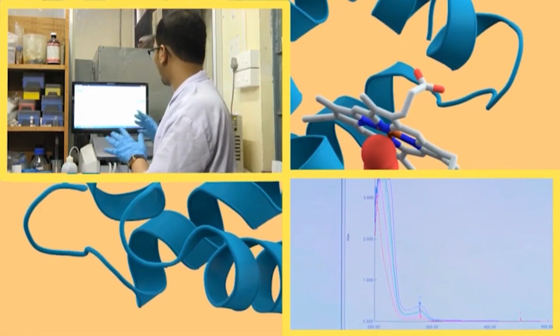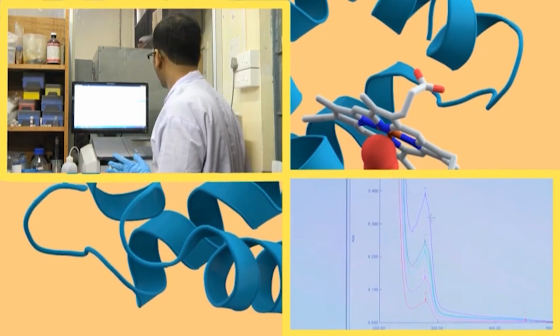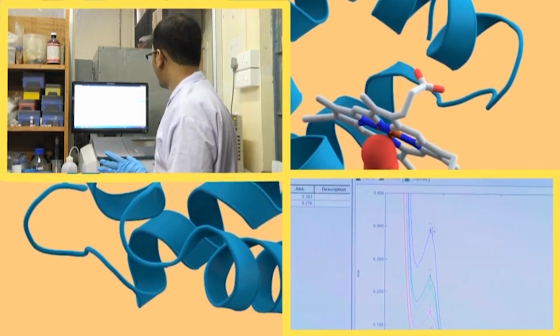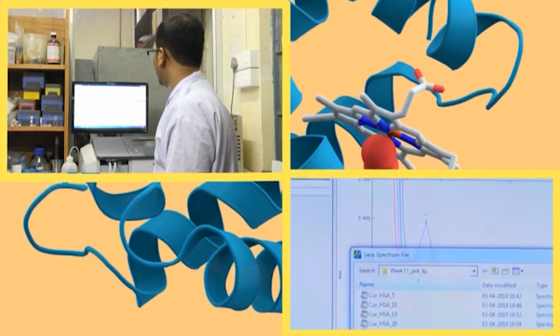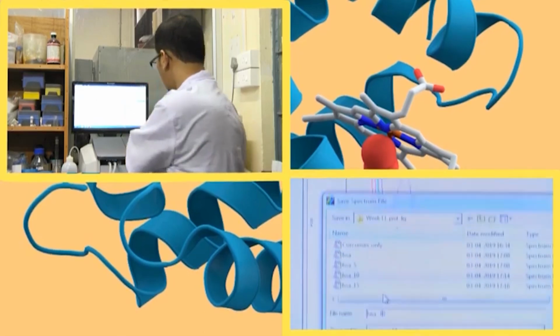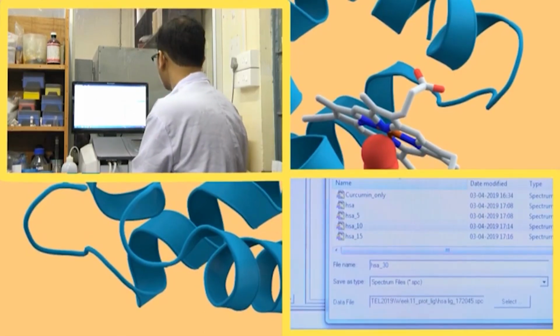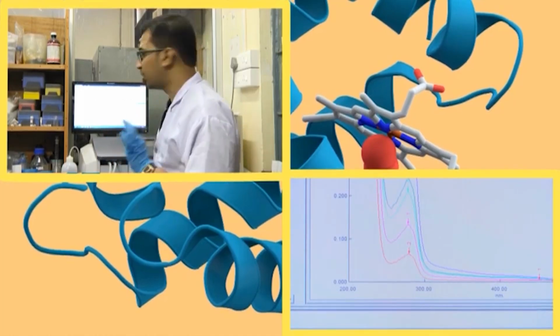For the time being, I am saving this deep violet spectrum as HSA 30, but I forgot to save the HSA 20.